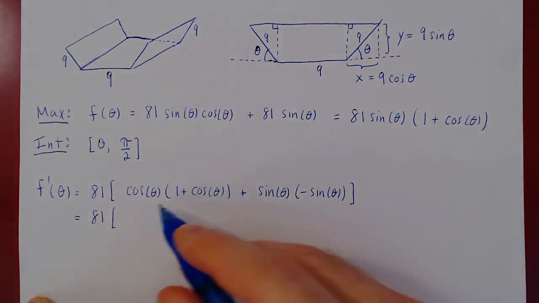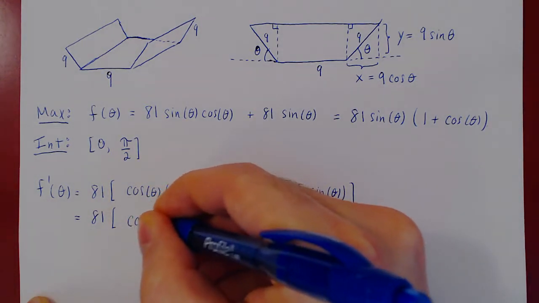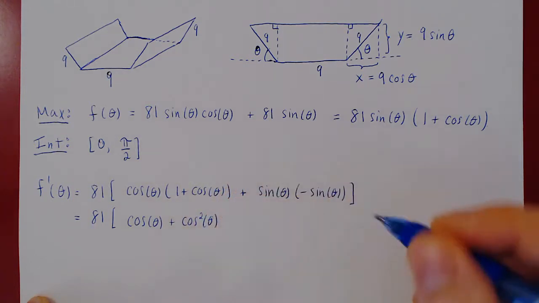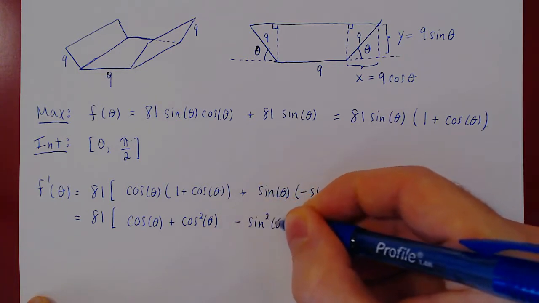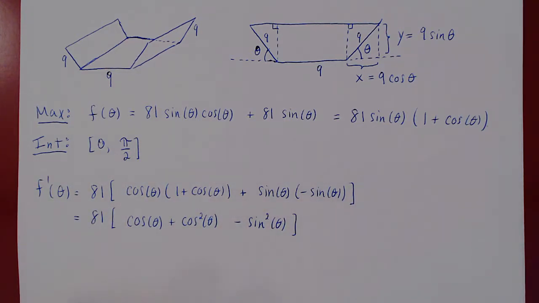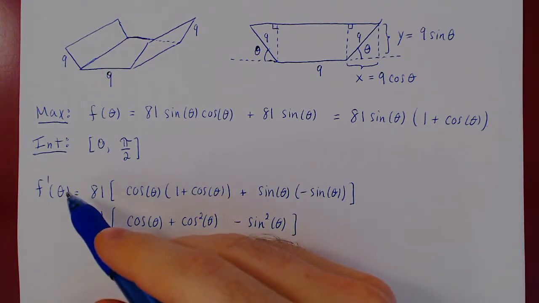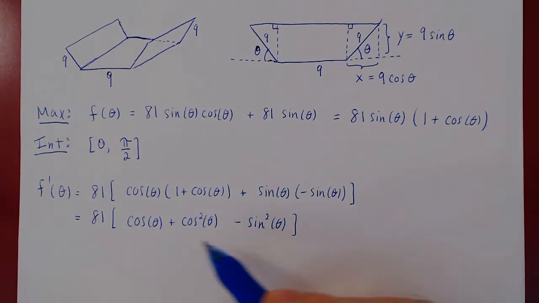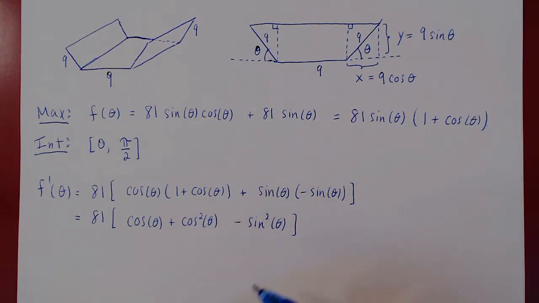If you multiply across, you'll get cos of theta plus cos squared of theta minus sine squared of theta. And now if you think of it, the derivative is always defined. So the only critical points will be values of theta where the derivative is 0. Well, it would be easier if our derivative was a function of only cosine and not also sine.